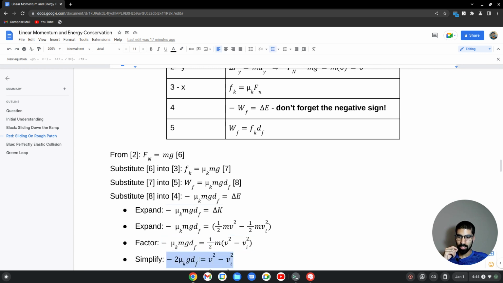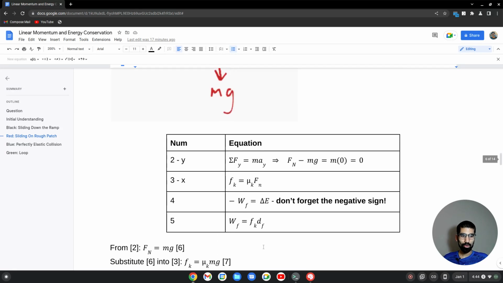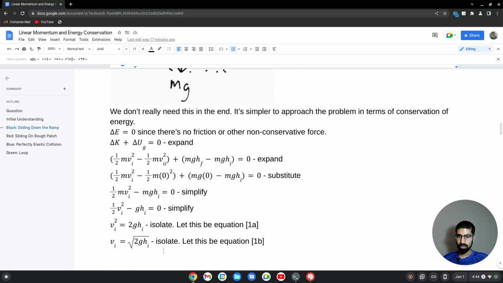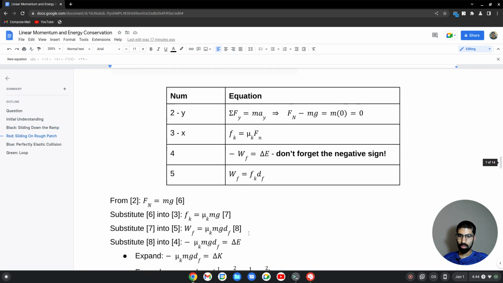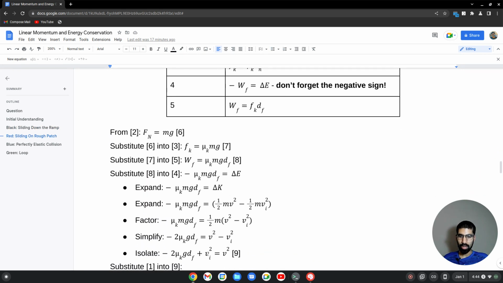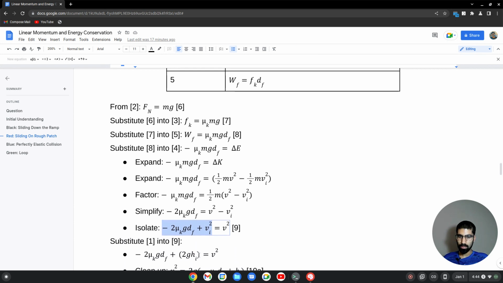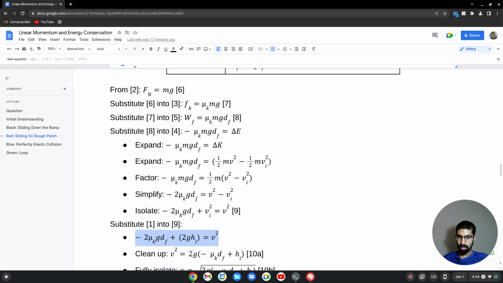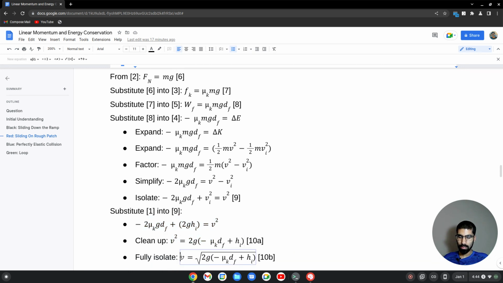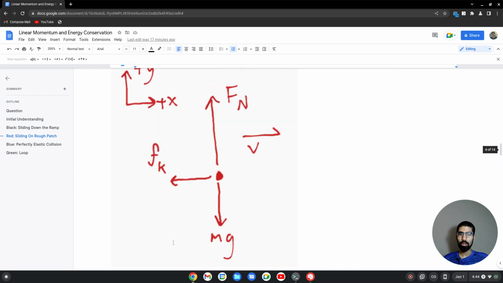And now this is looking a little bit better, especially because I can isolate for what I really want, the final velocity, and I already found an expression for this term in the last part. So that's all I need. I isolate for everything, and now I can just make the substitution I wanted, clean it up a little bit, and I get the final velocity of the block.